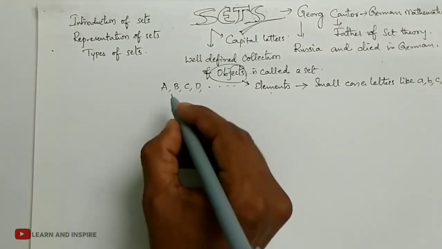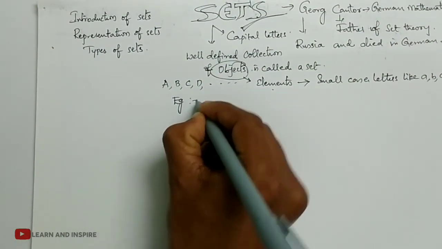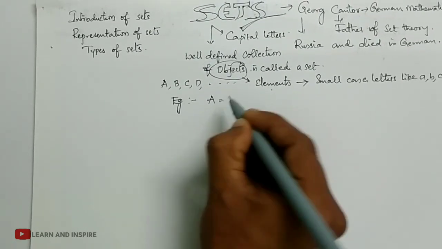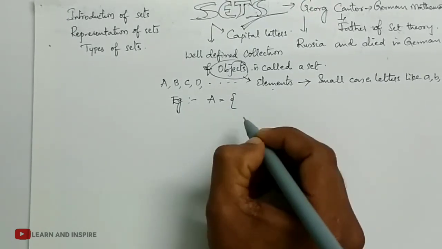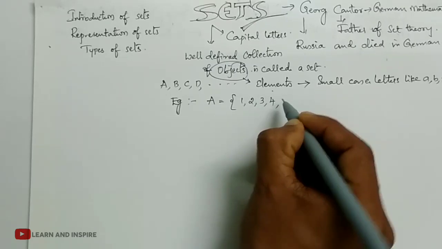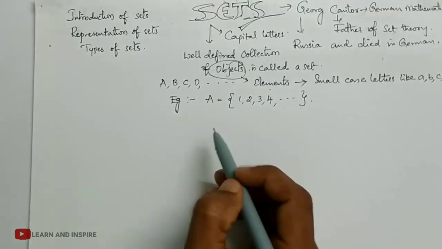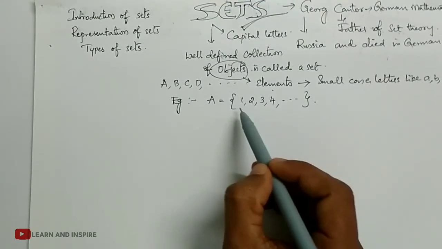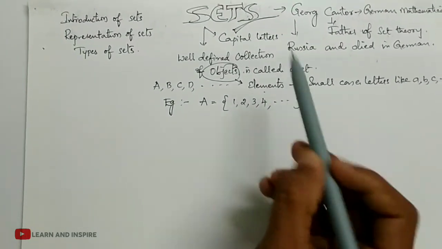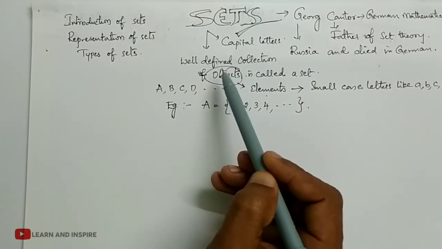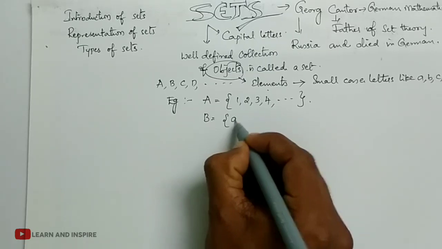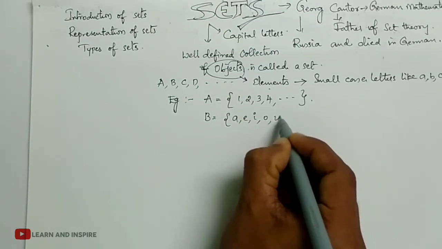Let us see one example. A set is always represented with a capital letter: A equals open braces 1, 2, 3, 4, and so on. These are natural numbers, which are well defined. Second example: B equals a, e, i, o, u.